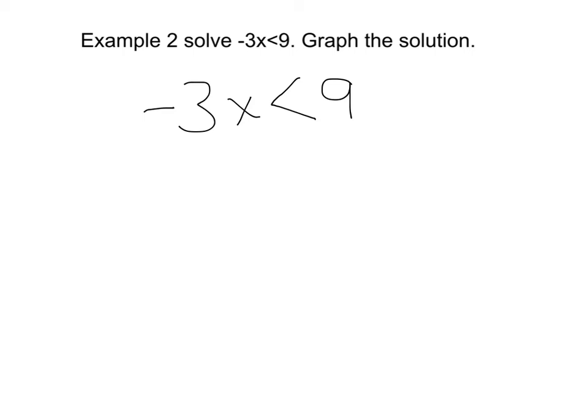Because I have a negative 3 times x, I want to undo the multiplication of negative 3 times x. So I must divide each side by negative 3. Pause the video and solve for x and then graph the solution.